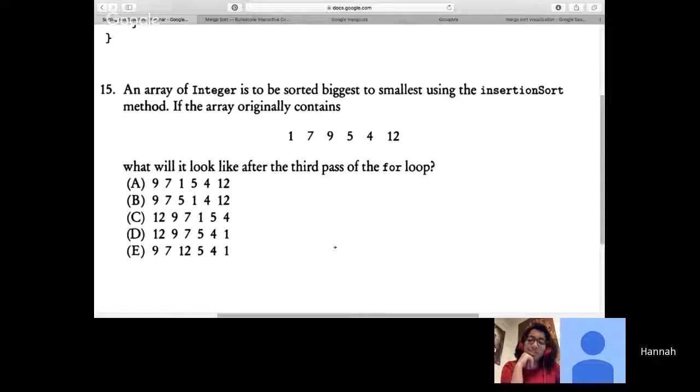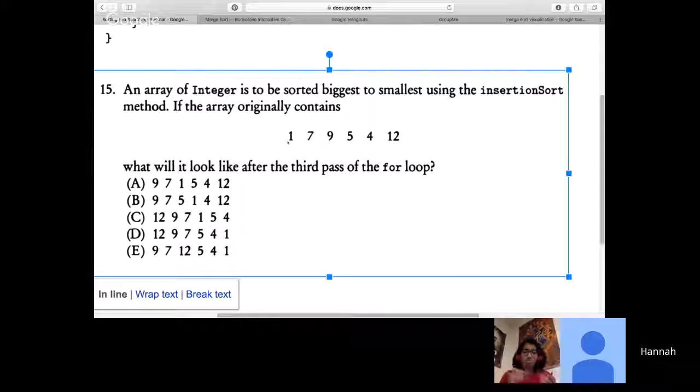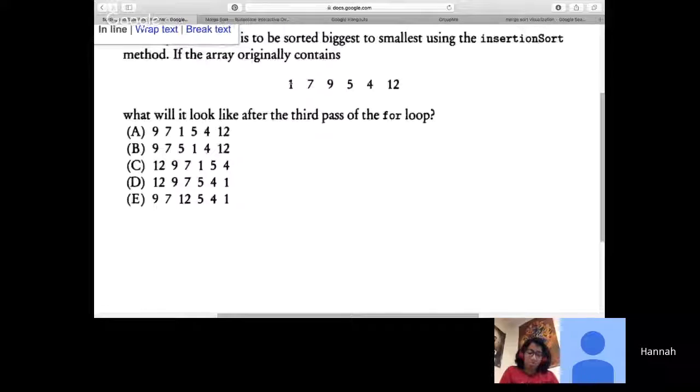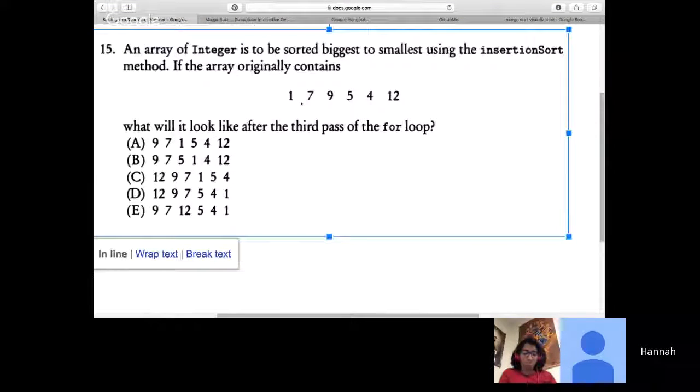She says, I'm not sure, but the answer seems like A to me. Okay, you are close. The answer is actually B. So basically what is going to happen, we're doing insertion sort. So what that means is we're going to go through each element in our array and insert it in its proper place in our new list.